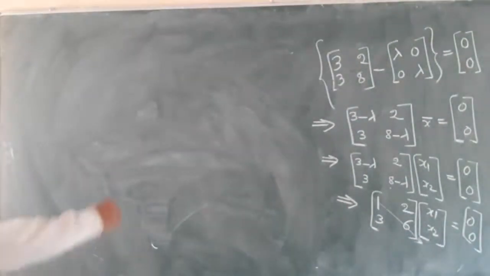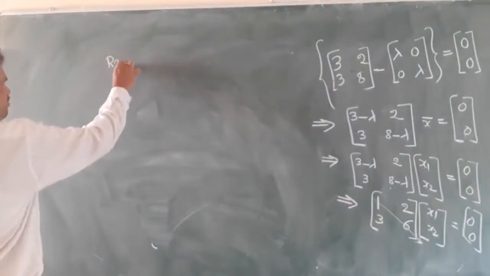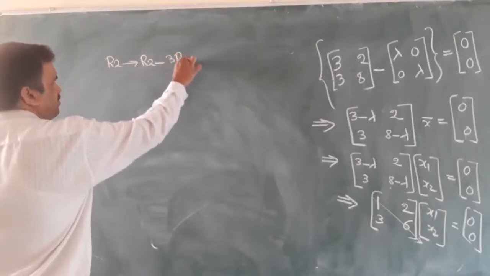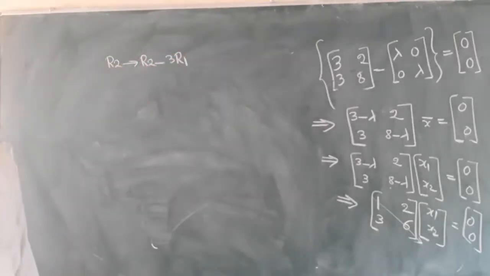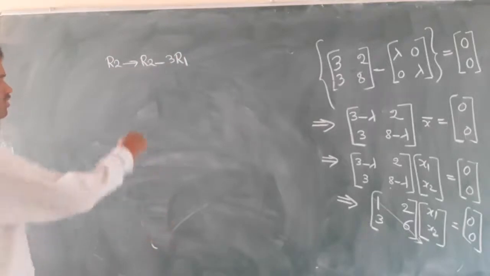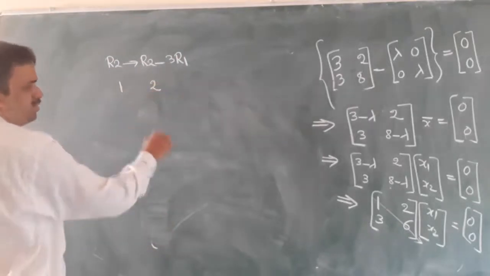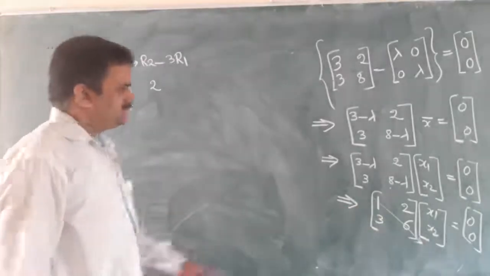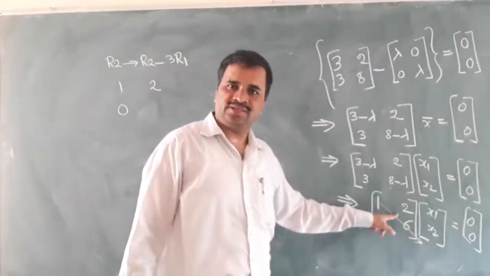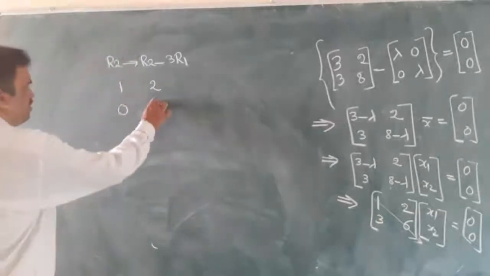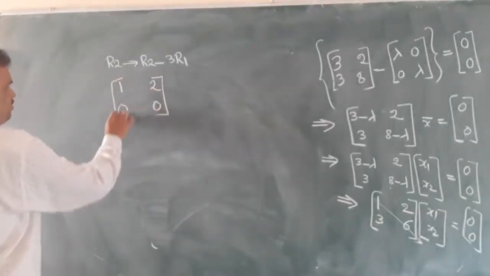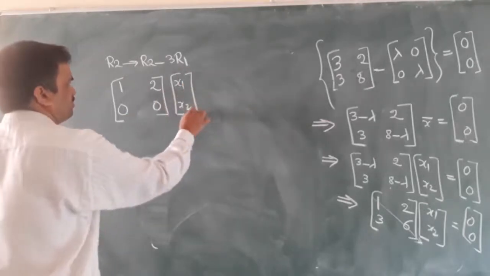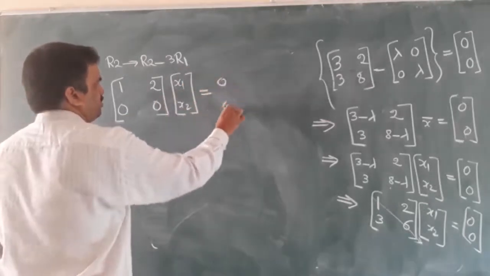R2 implies R2 minus 3R1. So, first row as is, second row: 3 minus 3 is 0, and 6 minus 3 times 2, which is 6, so 6 minus 6 is 0. So [1, 2; 0, 0] times [x1; x2] equal to the zero matrix [0; 0].